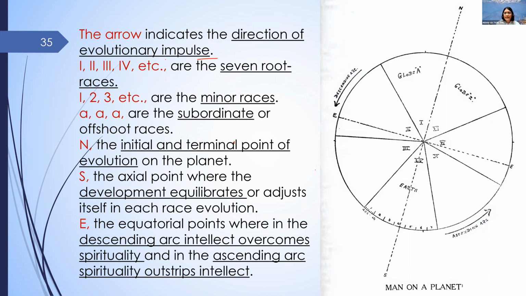Just like it applies to the globes, in the same way it applies to the rounds. So first round, second round, 3.5 rounds, that is descending. Then the next 3.5 rounds will be ascending. Currently we are in the 4th round. So this we need to keep in mind again and again with respect to this diagram.